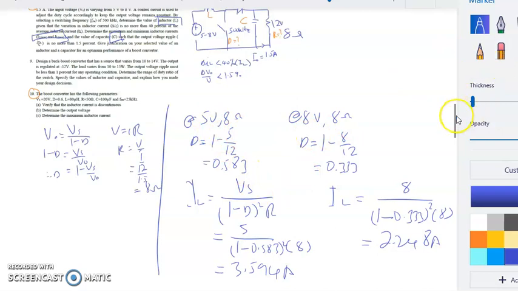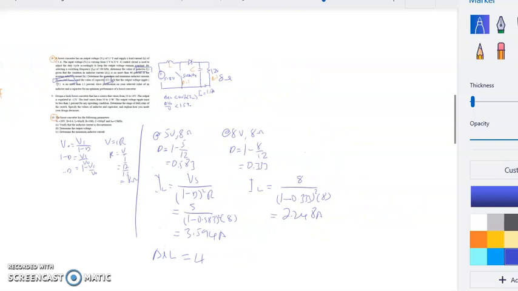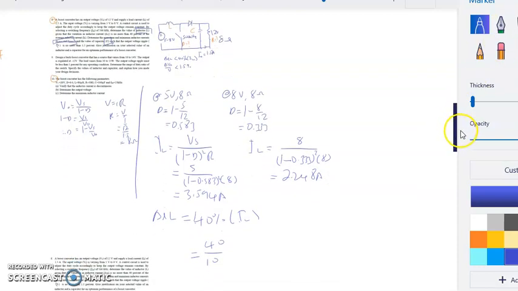Then we find out delta IL, which is equal to 40% of the average inductor current. So 40% of IL average, which is 40 divided by 100 times 3.594.